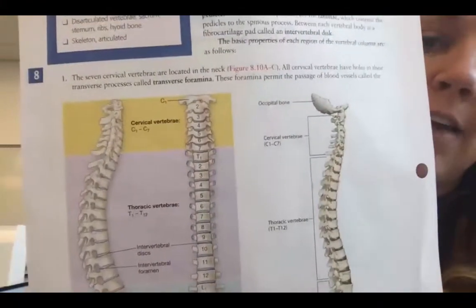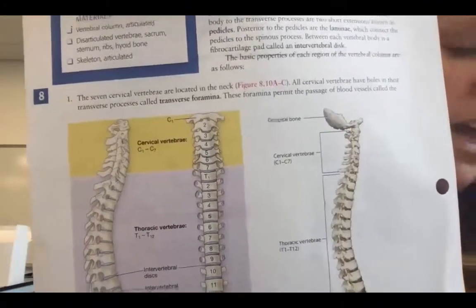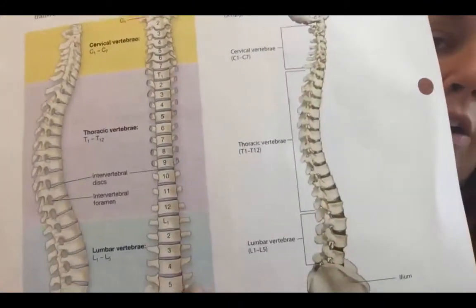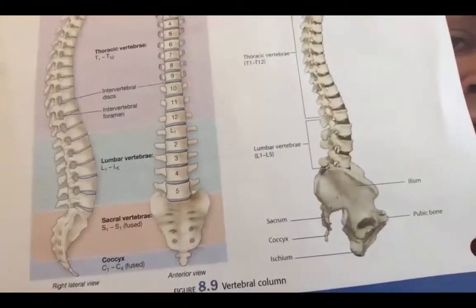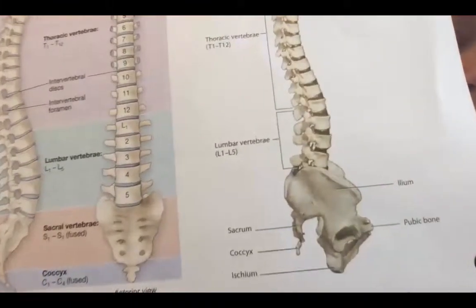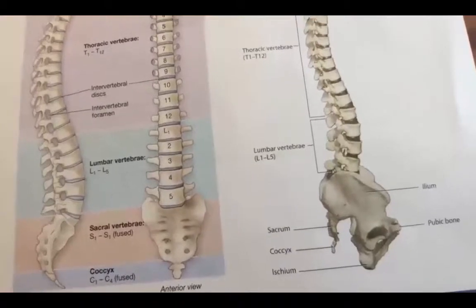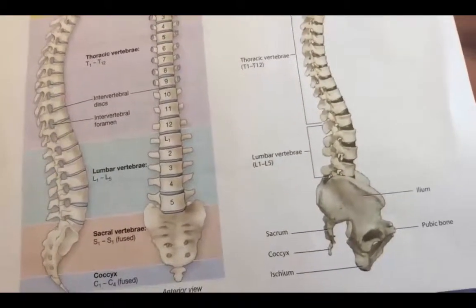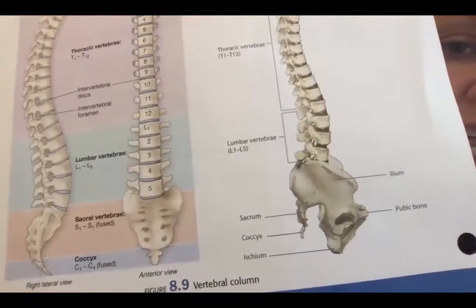The first 7 are the cervical vertebrae. Then the next 12 are the thoracic vertebrae. Then you have 5 lumbar vertebrae. The sacral, which looks like a little heart, is 5 vertebrae fused together. And then the coccyx is 4 vertebrae fused together.